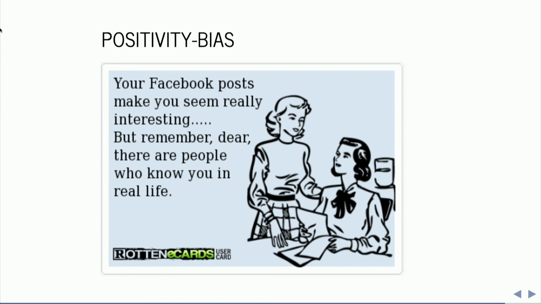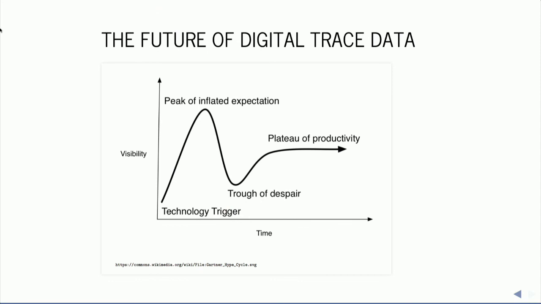This suggests that if we want to understand emotional dynamics by looking at Facebook, we're probably missing a lot of important negative emotions, and certainly emotions such as shame, if there is indeed this type of positivity bias.